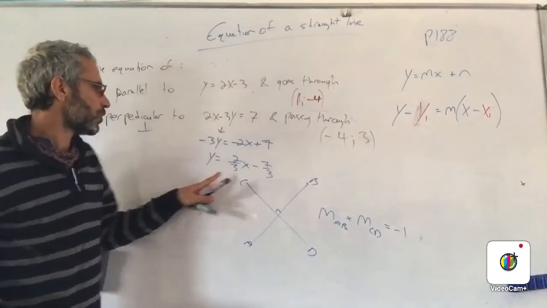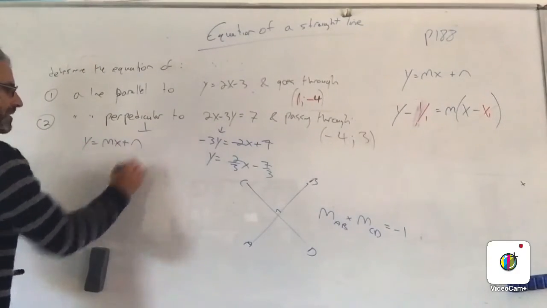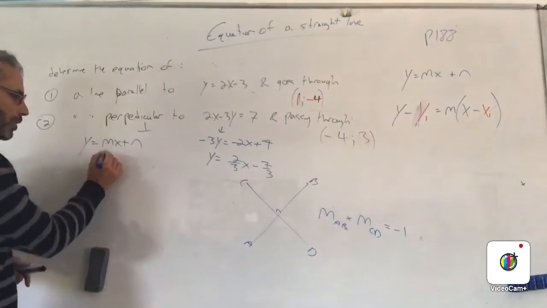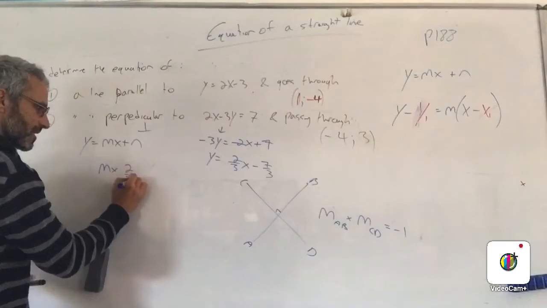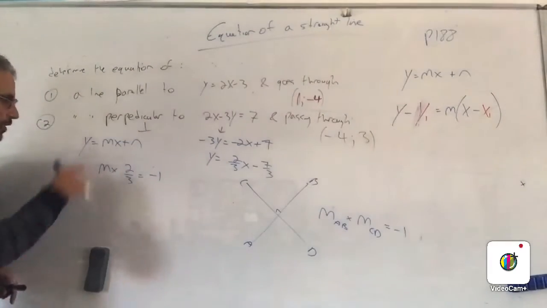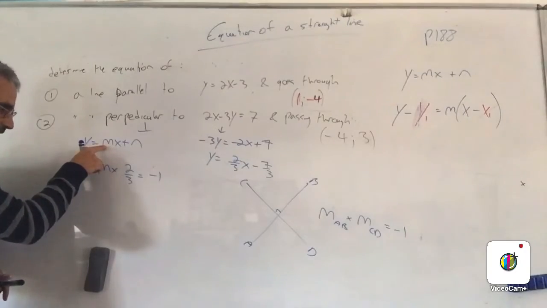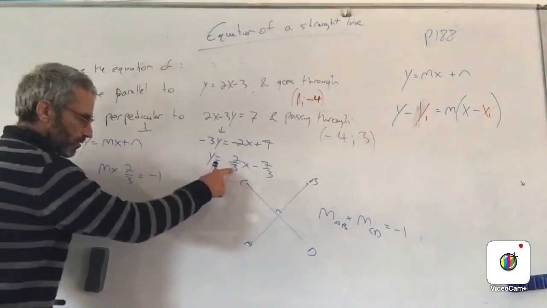So the equation that I'm looking for, let's just call it mx plus n at this point. I know that if I take this m and I multiply it by this gradient, what should I get? Negative 1, right? Because this line is perpendicular to this line, so this gradient times this gradient is minus 1.